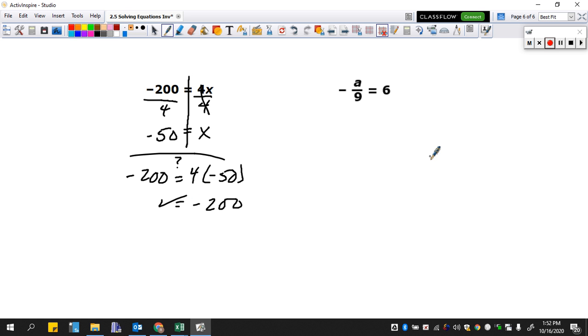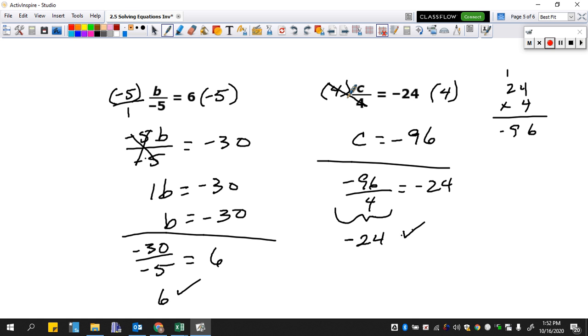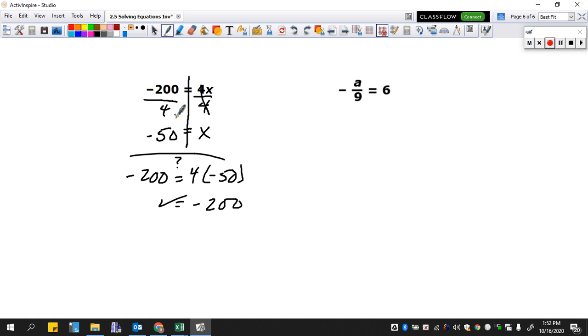All right, this last problem that I want to do is a little bit different because in the previous problem on this page with b divided by negative 5, we actually had the negative sign associated with a number. Okay, in this case here, it's just sort of out there on the left-hand side. But that doesn't make any difference. You're still going to associate it with a number.